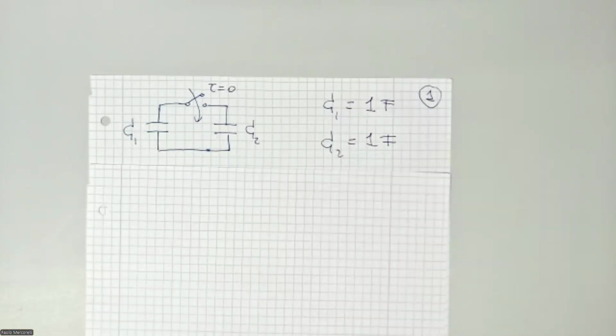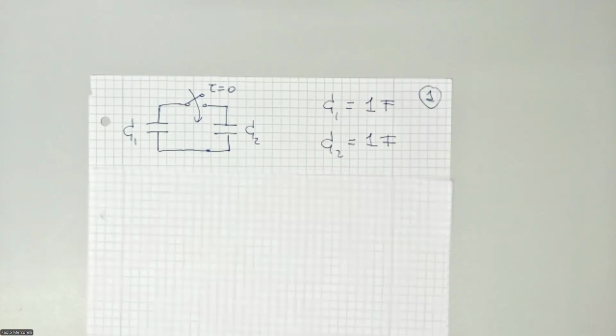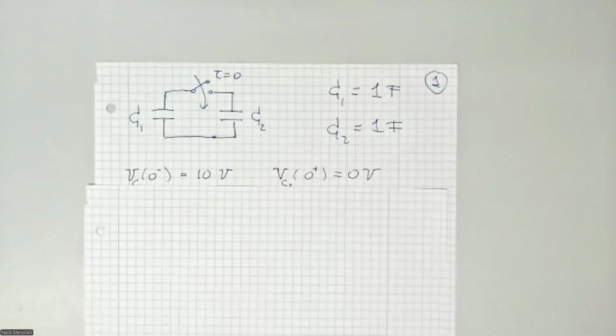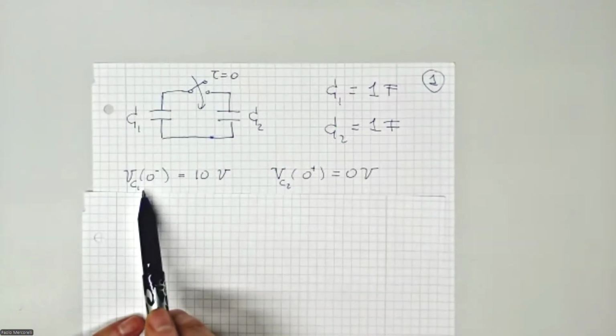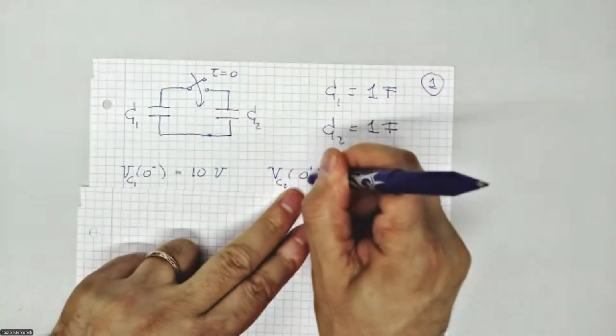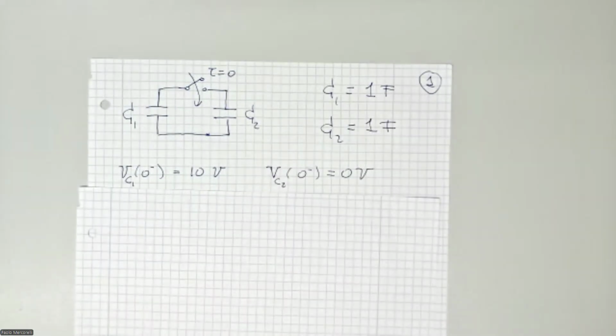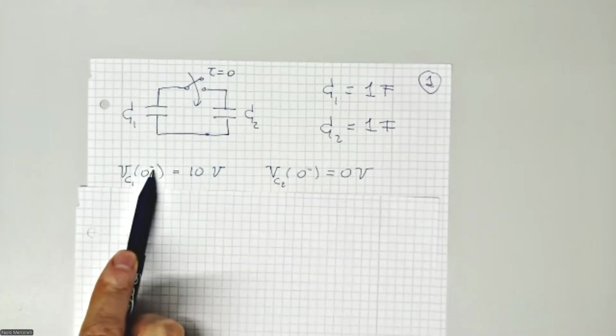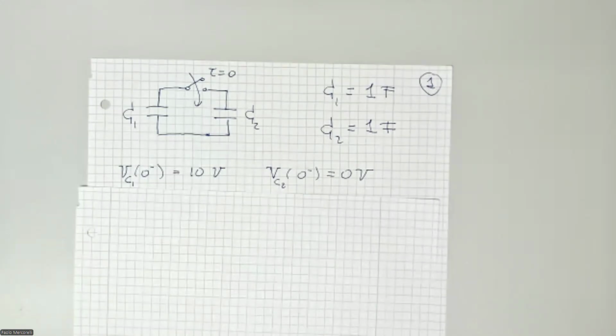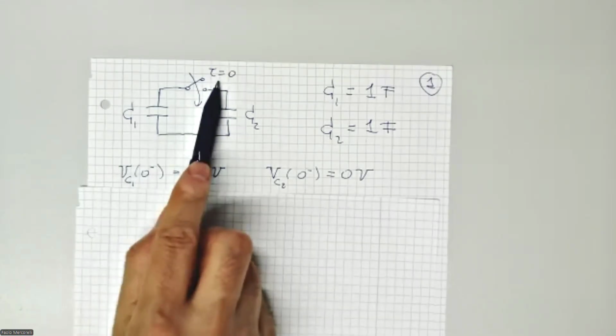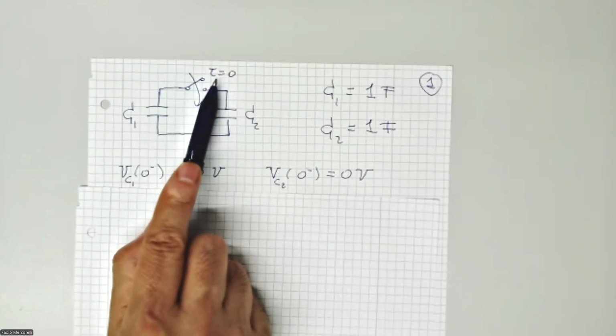Now we will see also symbolically the meaning. I give you also the initial value of the voltage, but please pay attention, at time 0 minus, both. Basically, before closing the switch, the switch is going to be closed at t equals 0.